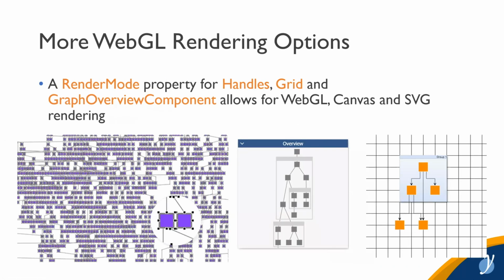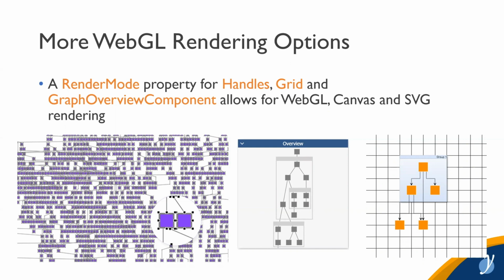On to the next one. There's more WebGL rendering options that we have with this release. For the visualization of the handles and for the overview, which is kind of like the bird's eye view of the graph, and also for the grid background, the built-in one, we now have a simple property render mode that you can set to WebGL, Canvas, or SVG in case you would want to switch from the default SVG rendering.